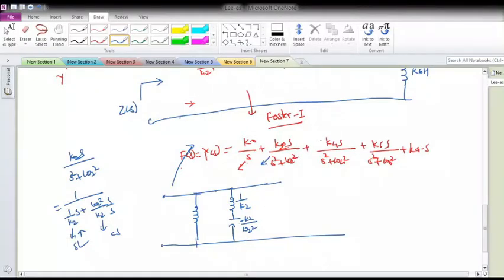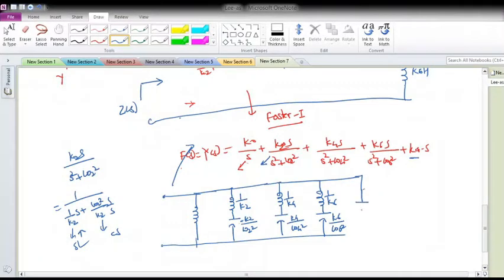Similarly, for the next K4S, there will be again this series LC, with values 1/K4 and K4/ω4². Then next is LC one more, 1/K6 and K6/ω6², and K∞S, it is admittance, so this is a capacitor.